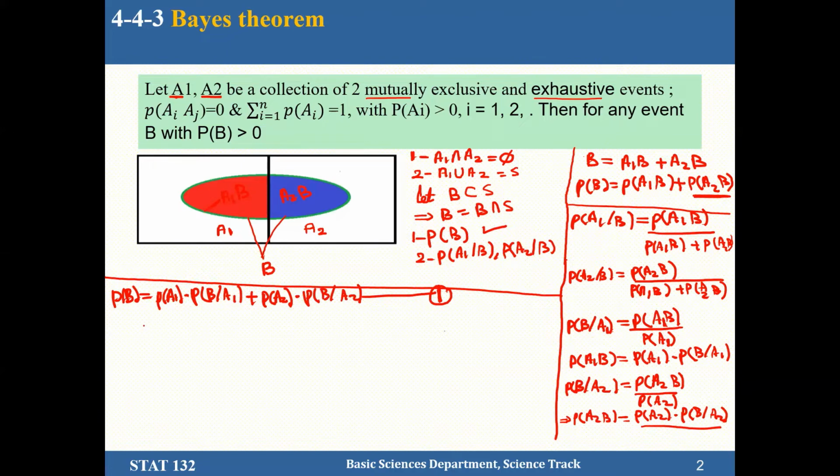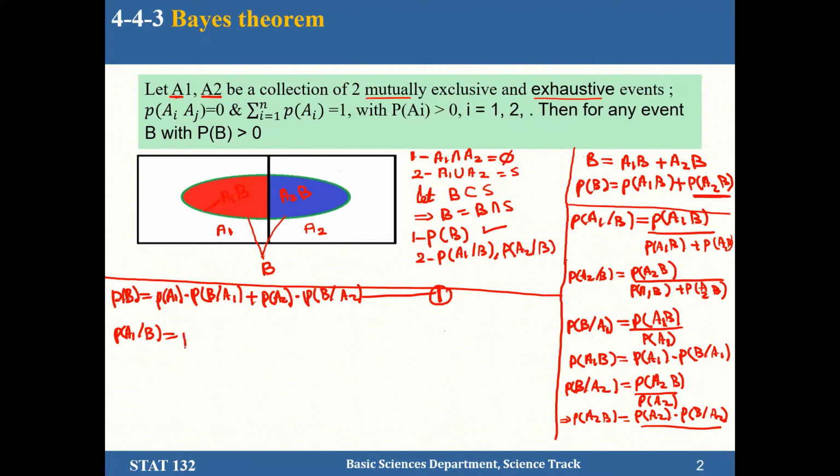The second one, P of A1 given B: instead of P of A1B, we write this one, and instead of P of A2B, we write this part.